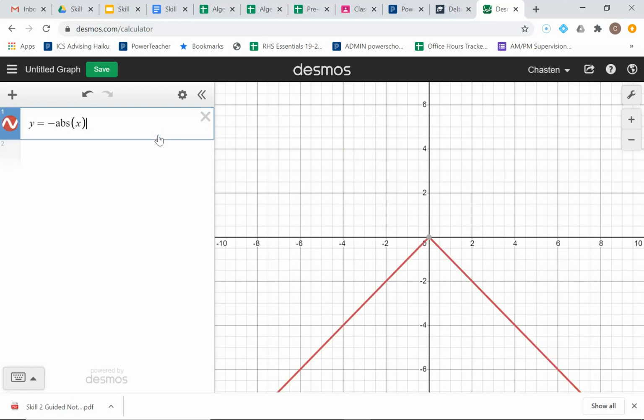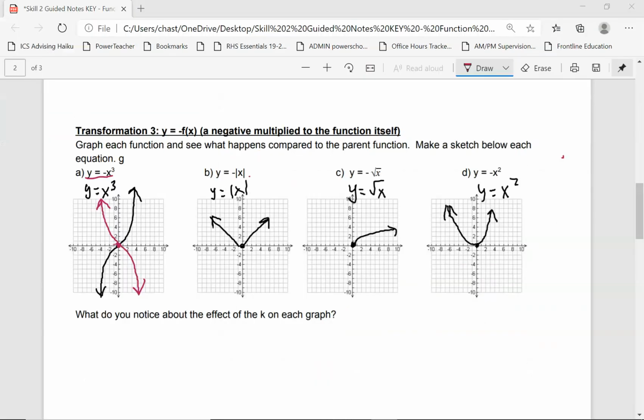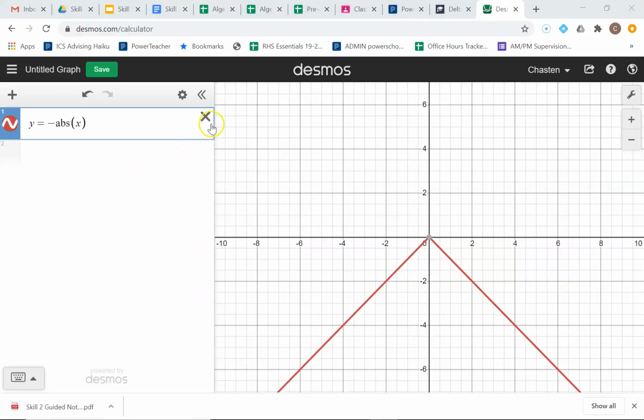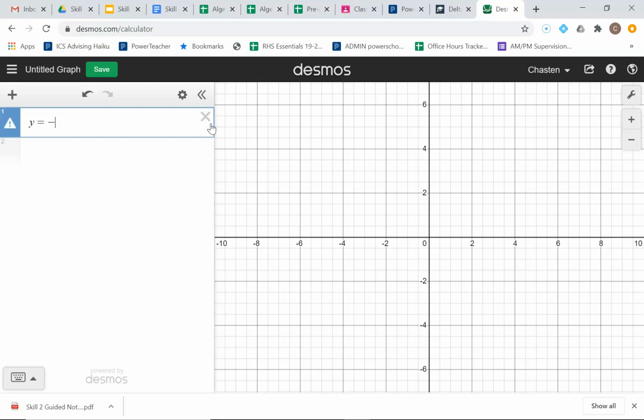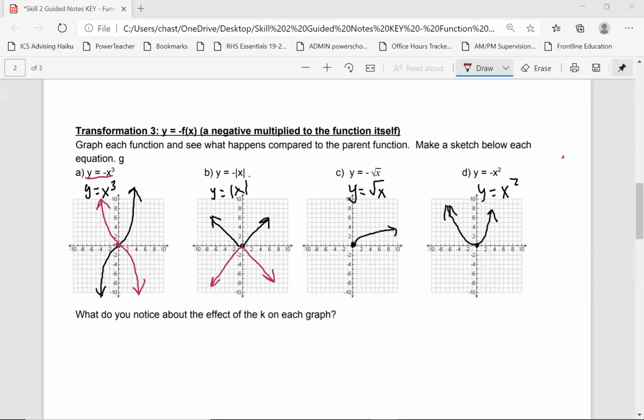Oh, look, it just goes down instead of up. So the graph will look just like the parent, but it'll just go the other way, like that. And then negative square root of x, let's see what happens. It just goes down instead of going up. So it kind of looks like this.